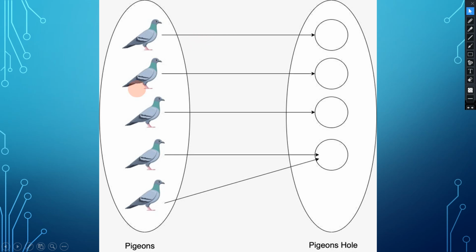Okay, so you have n pigeons, and these pigeons have to be distributed into k holes, and these k holes are fewer than the number of pigeons, or the condition is that n is greater than k. There can be multiple possible ways that you can distribute the pigeons into the holes.